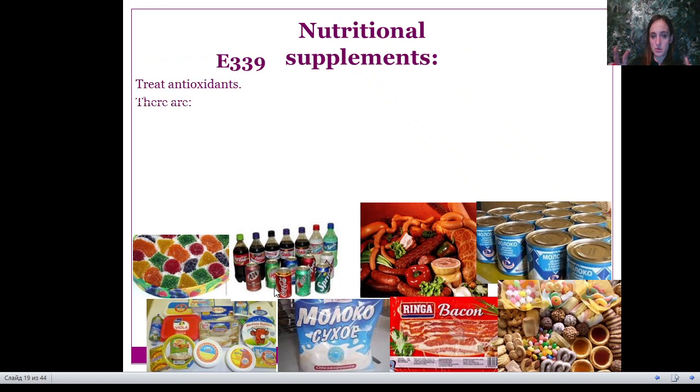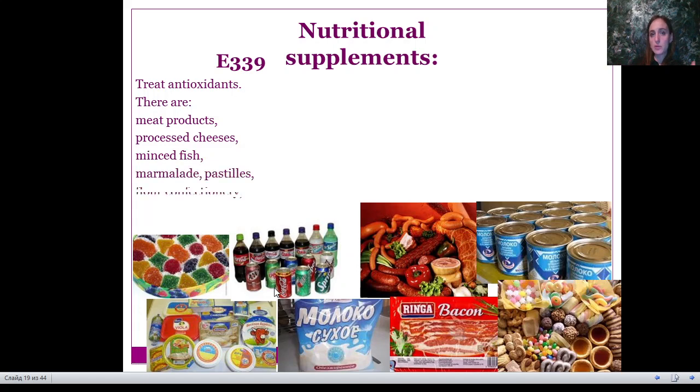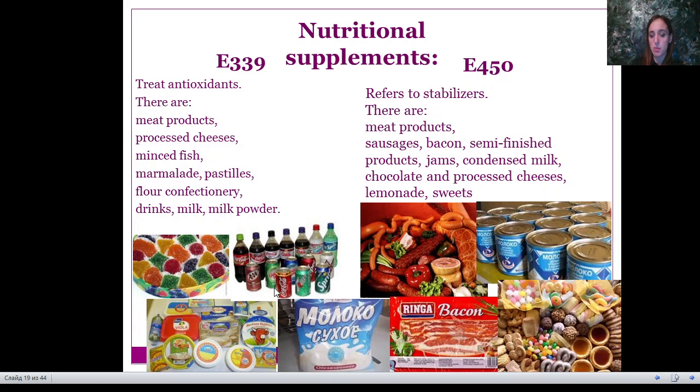and different nutrition supplements. For example, when we go to the mass market, to the supermarket, and we buy the meal, we buy different products. We need to read the different additional things in these products. For example, here you have nutritional supplements such as E369 and E450.